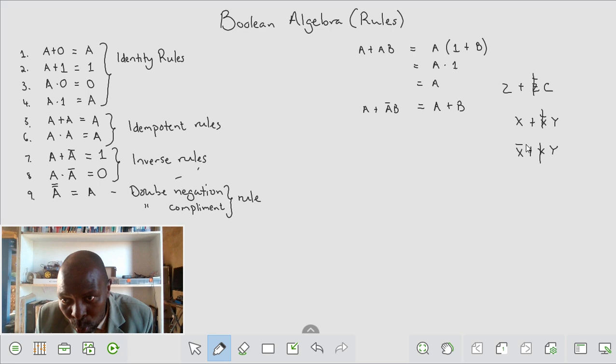Let's say this one or its inverse with something else, then that inverse will fall away. So it's not about the inverse always falling away. Sometimes if I can come here and say not A or A, B, that A will fall away. The inverse that is with the end will fall away.